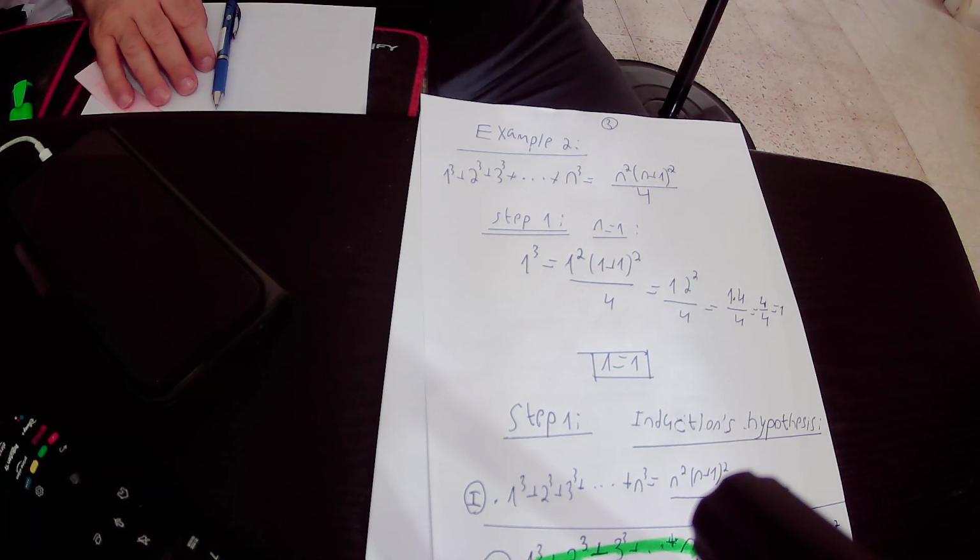So it is true for 2. And we will repeat this process. If it is true for 2, it is true for 3. If it is true for 3, it is true for 4. If it is true for 4, it is true for 5, and so on and so on. And in this way, we actually proved that this expression is true for all natural numbers.